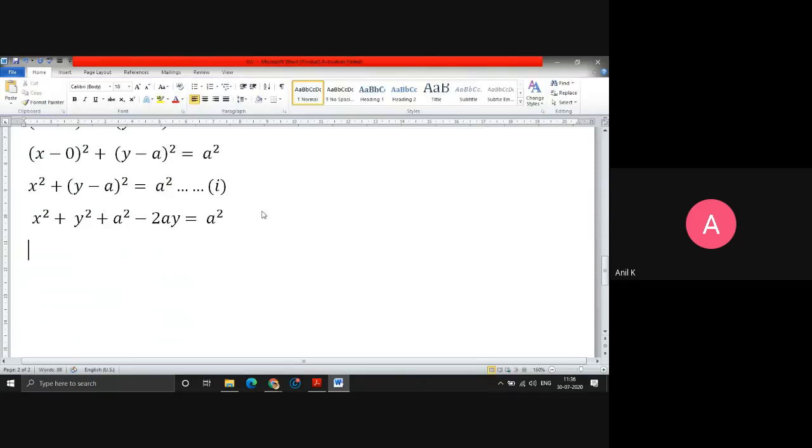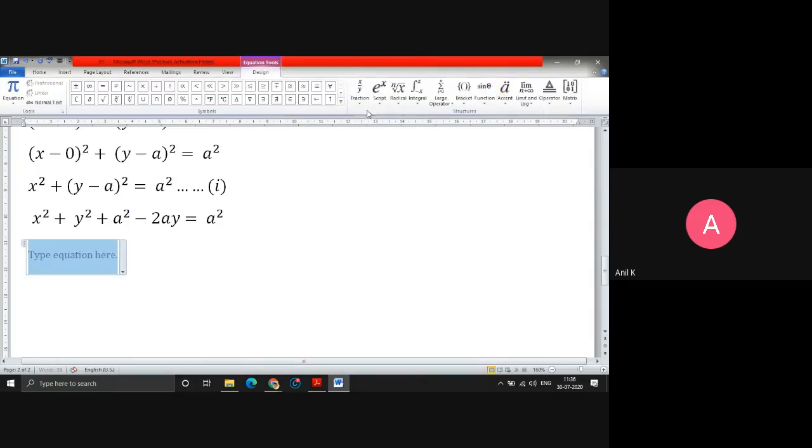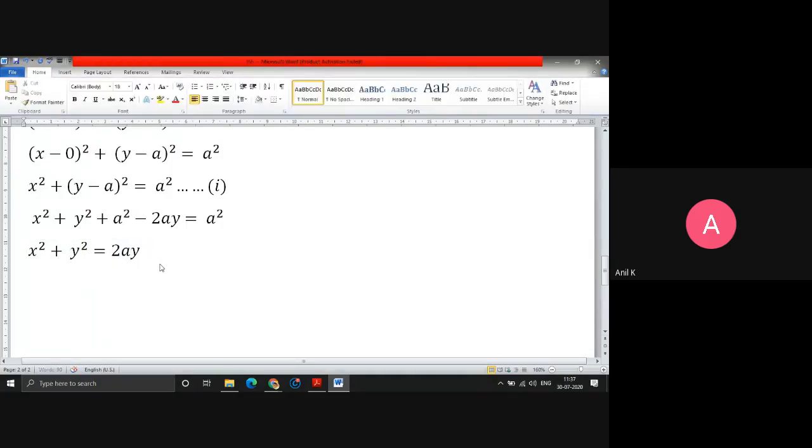Now what happens here is a square will get cancelled in both the sides. Then you are left with x square plus y square. Maybe if you want, you can put 2ay, or you can put y this side only, 2a.